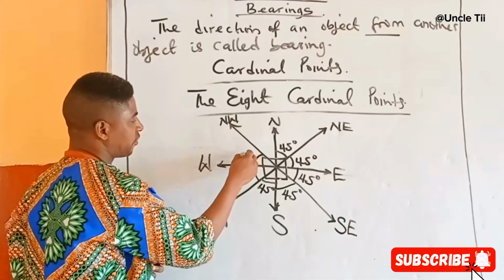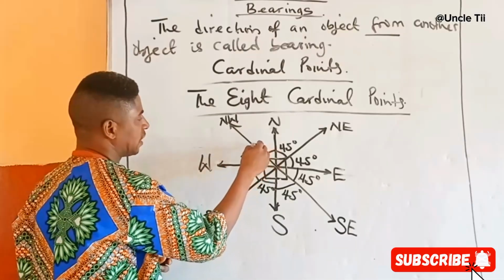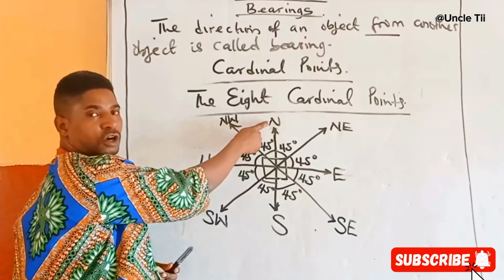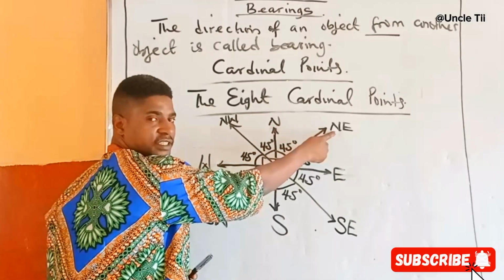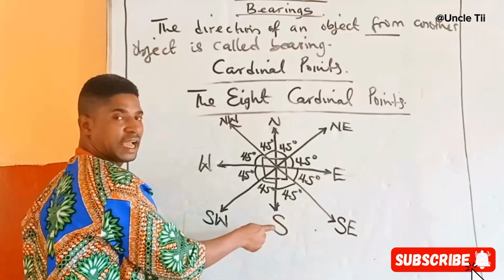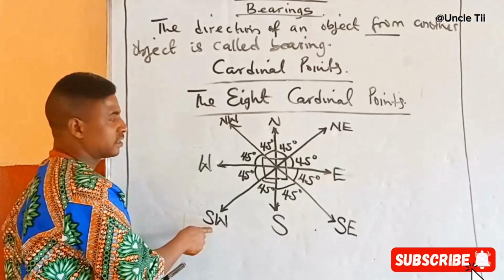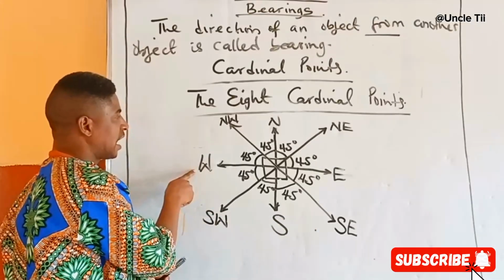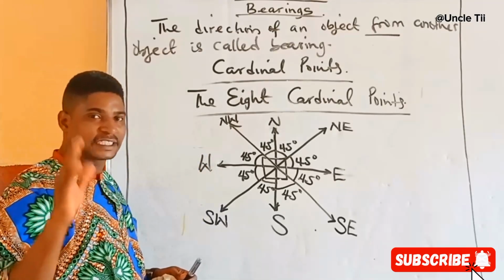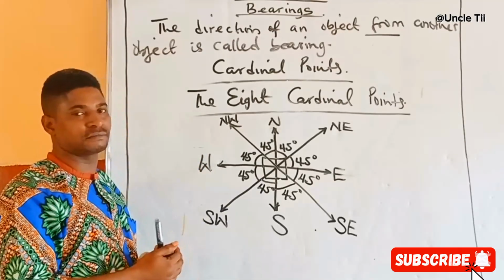So here we have 45 degrees, and then we have another 45 degrees. Therefore, north, northeast, east, southeast, south, southwest, west, and northwest make up our 8 cardinal points.